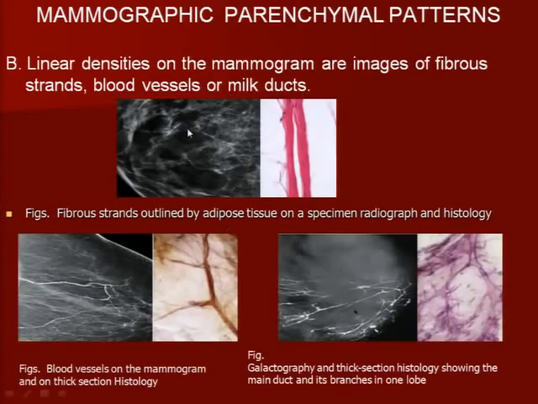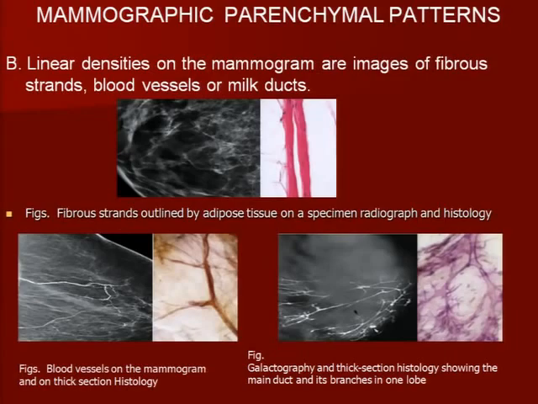Okay, linear densities, I told you, they can be fibrous tissue, they can be blood vessels, calcified or non-calcified, and you can see ducts. Here it is because of galactography that you're seeing the ducts, but sometimes you can see prominent ducts on mammogram. So basically, lines are fibrous strands, blood vessels, milk ducts.